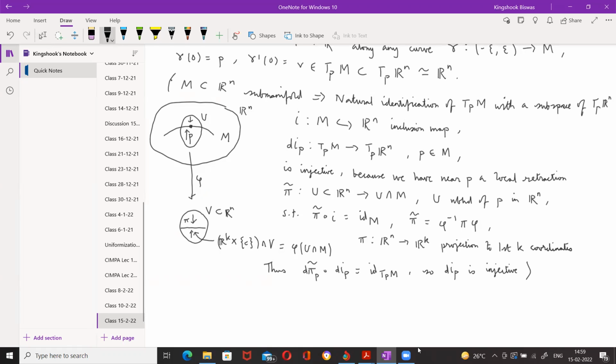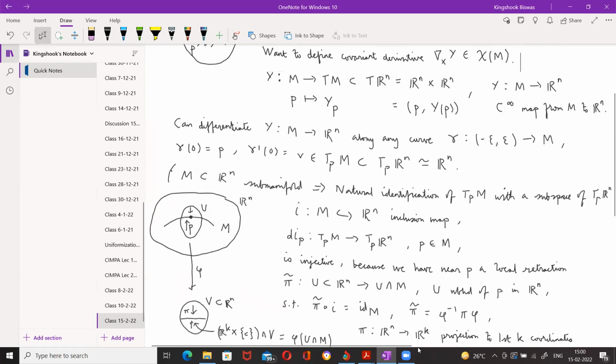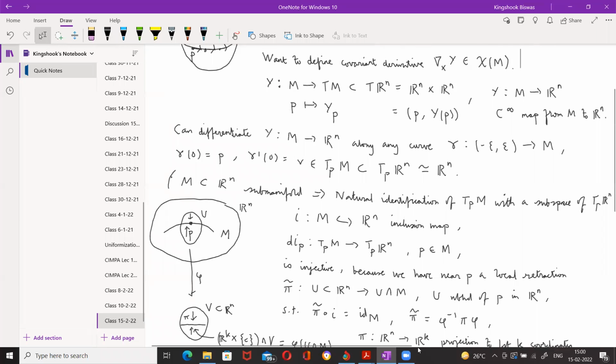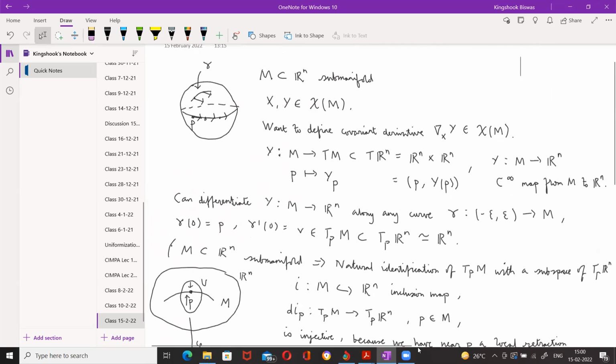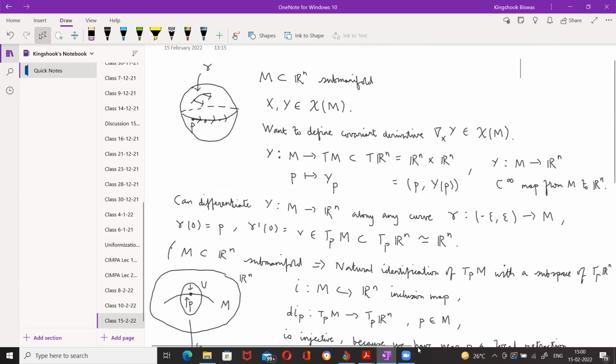Okay. So for a submanifold, the tangent space is identified with a subspace of the tangent space to R^n, which is identified with R^n. All right. So now if we look at our vector field Y on M, we've identified it with a map taking values in R^n, right?